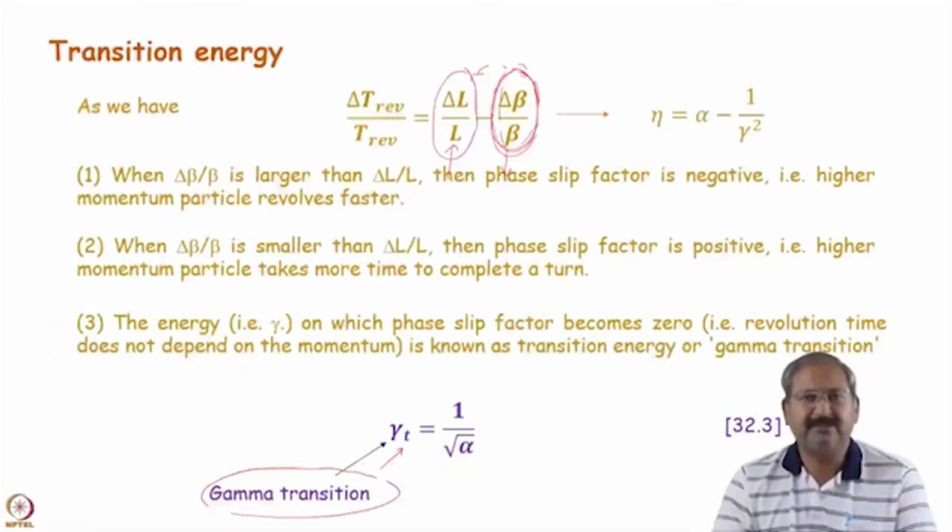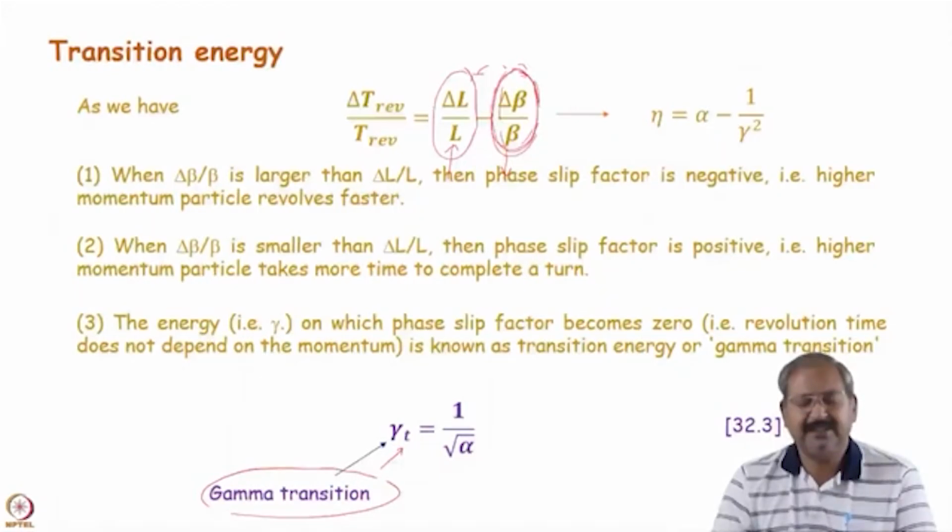A cyclotron operates in this mode. In a cyclotron, the revolution time doesn't depend on the momentum. A synchrotron can operate in all three modes: the isochronous mode, frequency slip factor plus, meaning above gamma transition, and frequency slip factor minus, meaning below gamma transition.